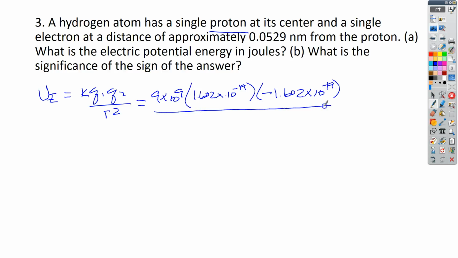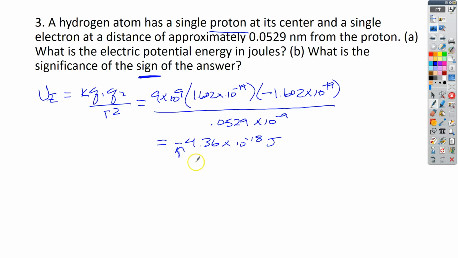And we can divide that then by 0.0529 times 10 to the negative 9th, because nano means times 10 to the negative 9th. If you plug all that into your calculator, you should end up with negative 4.36 times 10 to the negative 18th joules.